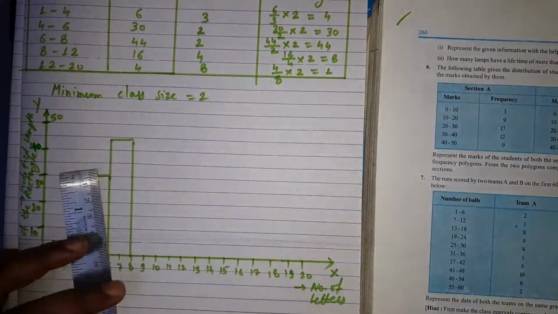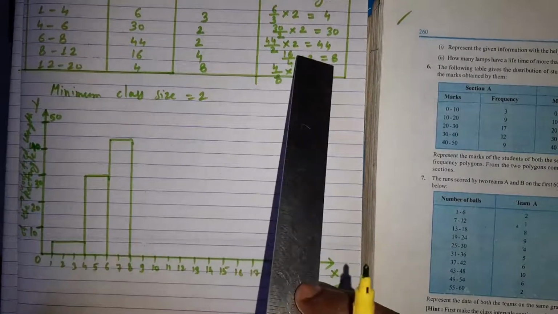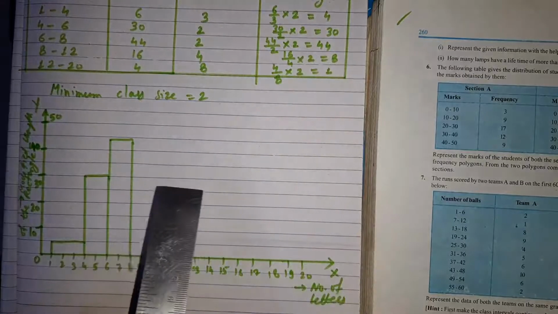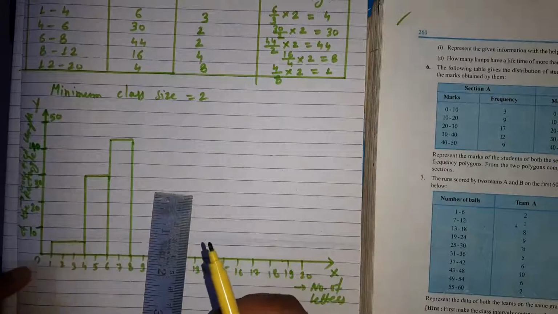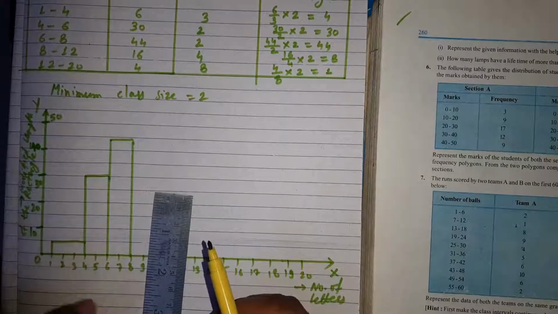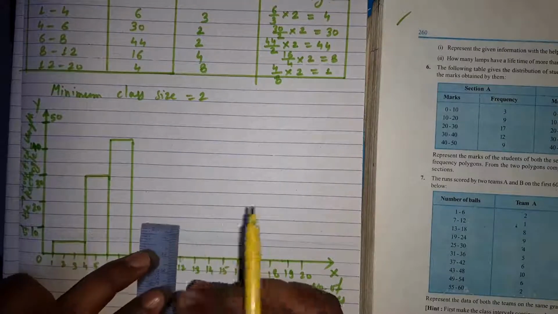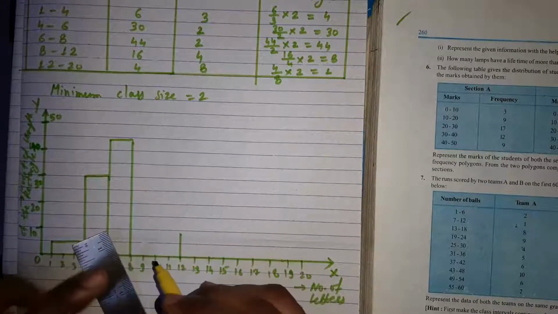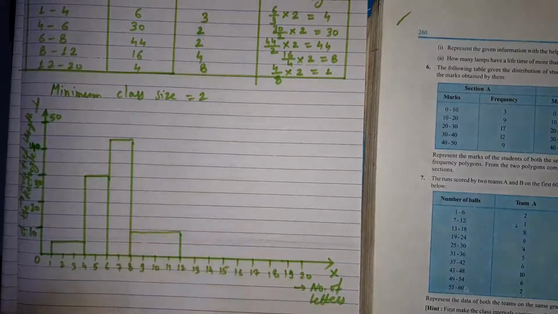For the next class interval 8 to 12, the modified length of the rectangle is 8. So again 8 lies between 0 and 10.